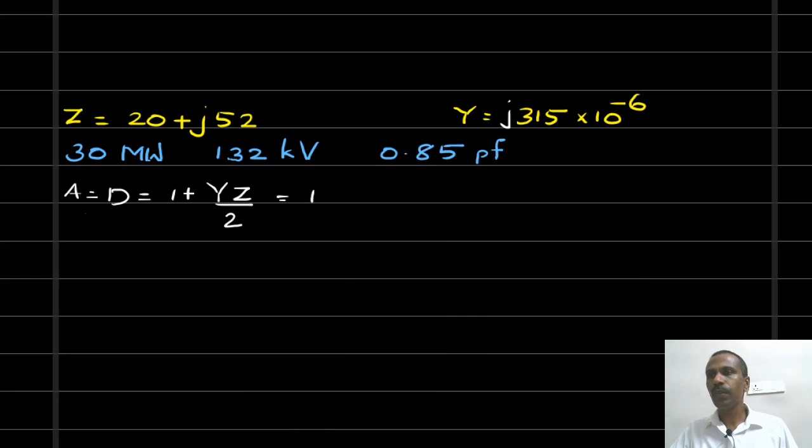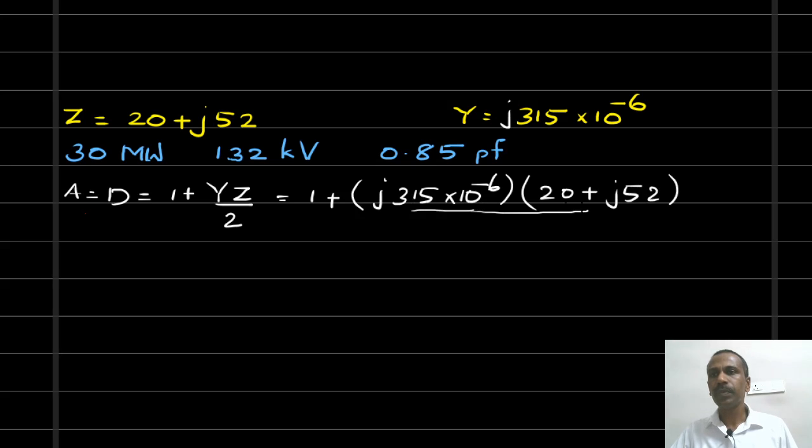So this is equal to 1 plus J 315 into 10 raised to minus 6 into Z, where Z equals 20 plus J52, divided by 2.